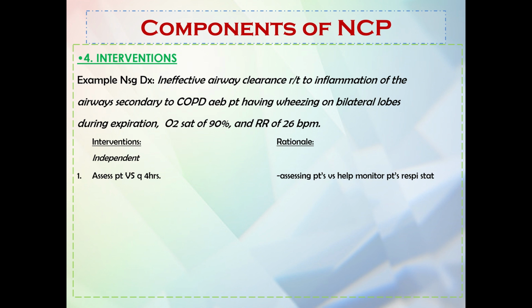Ito yung mga pwede natin gawin to our patient to alleviate the problem or to solve the nursing diagnosis that we have. So ito yung within our range independently. So assess patient's vital signs every 4 hours. Rationale or the reason: assessing patient's vital signs helps monitor the patient's respiratory status.